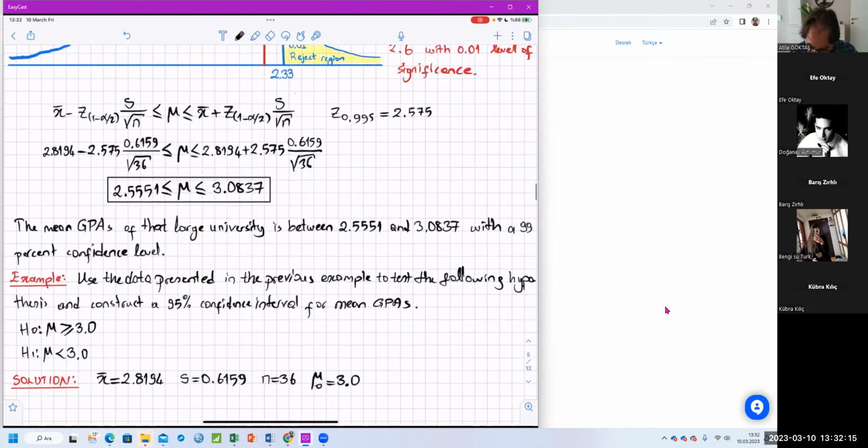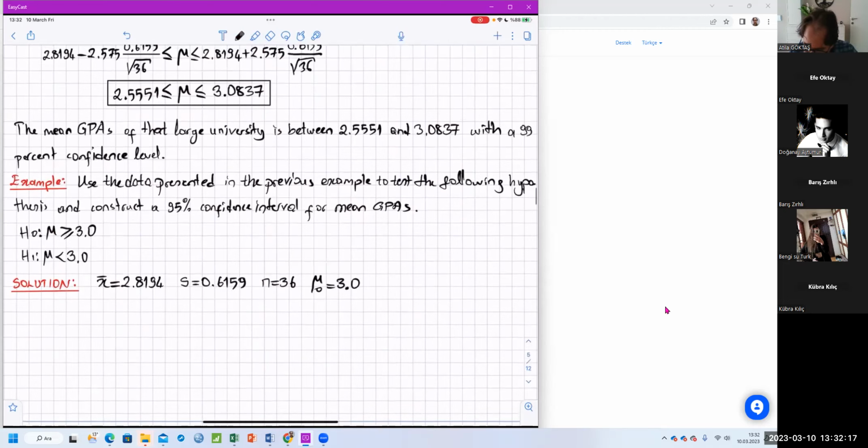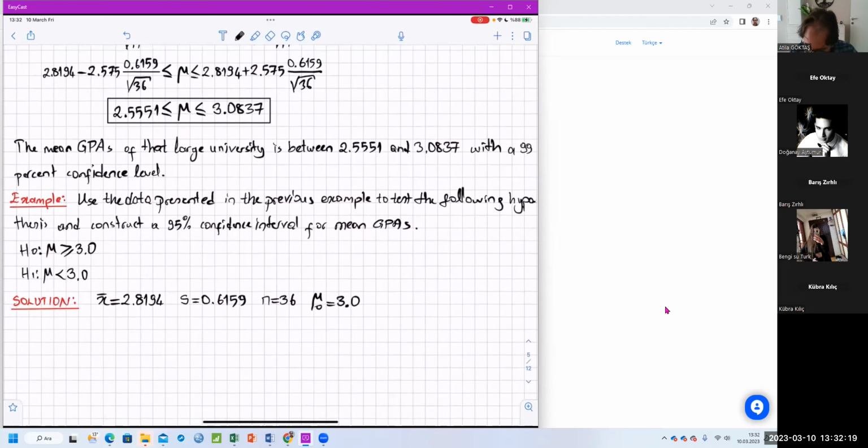So I need to use the data presented in the previous example to test the following hypothesis, which I have forgotten to write here.